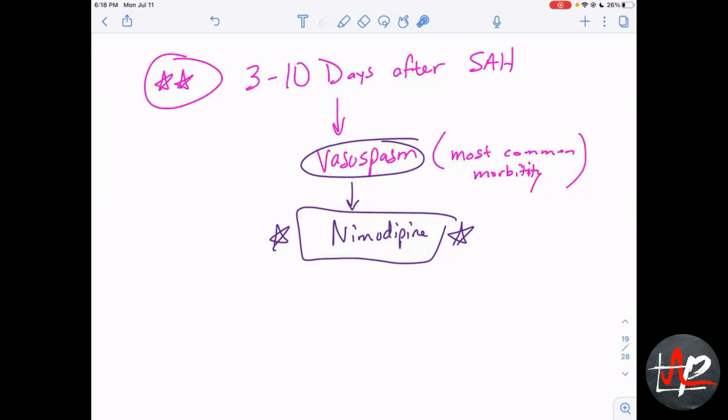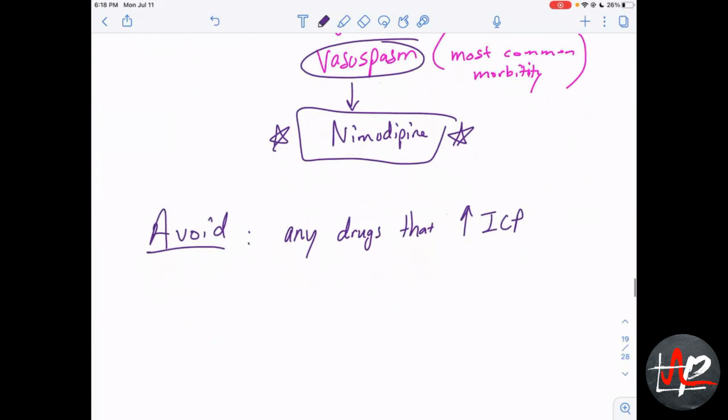So something that you should avoid in these patients, which I'm going to dive into just because it's also something that can get asked, is anything that would increase your intracranial pressure. So any drugs that increase intracranial pressure. And patients that you're seeing commonly, they'll have like nitroglycerin for their MIs or anything like that.